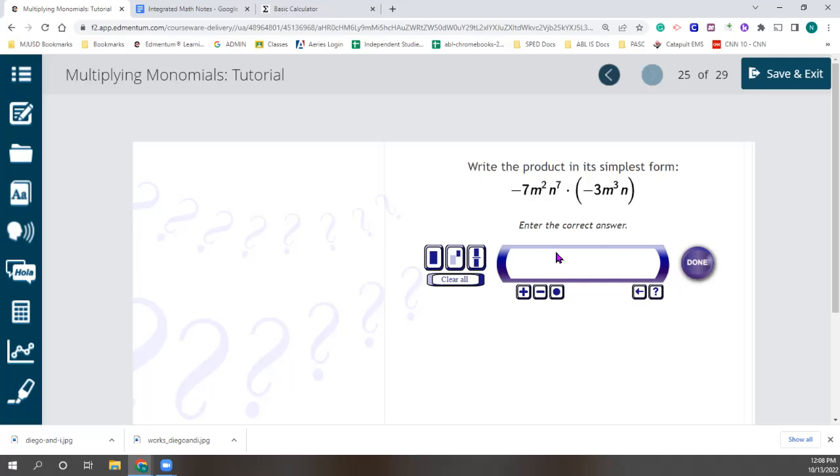Okay, so we've got 21 m to the 5th power, down low, n to the 8th power.